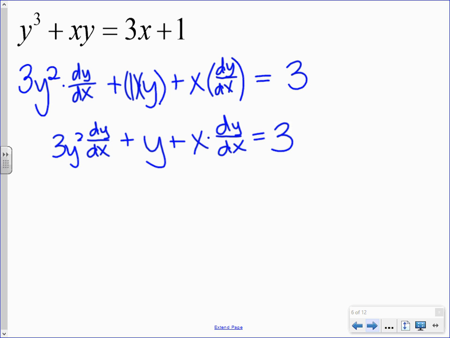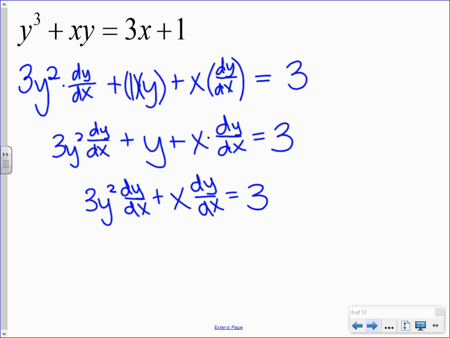So I'm going to keep these two terms, 3y squared dy/dx plus x dy/dx. And since y does not have a dy/dx attached to it, how are we going to move it to the other side? We subtract it.